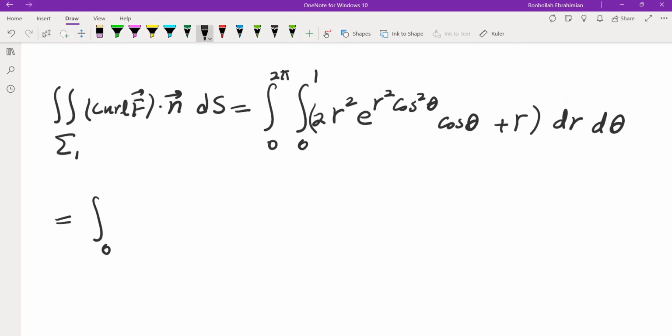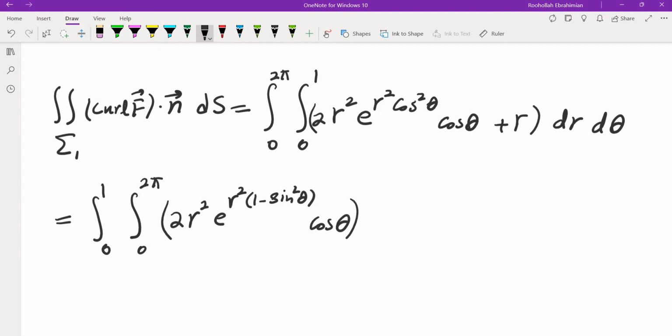If you swap the order of integration, we get the integral from 0 to 1, integral from 0 to 2 pi of 2r squared e to the r squared, and I'm going to change cosine squared to 1 minus sine squared, cosine of theta d theta dr. And I'm going to do the other one separately: integral from 0 to 2 pi, integral from 0 to 1, r dr d theta.